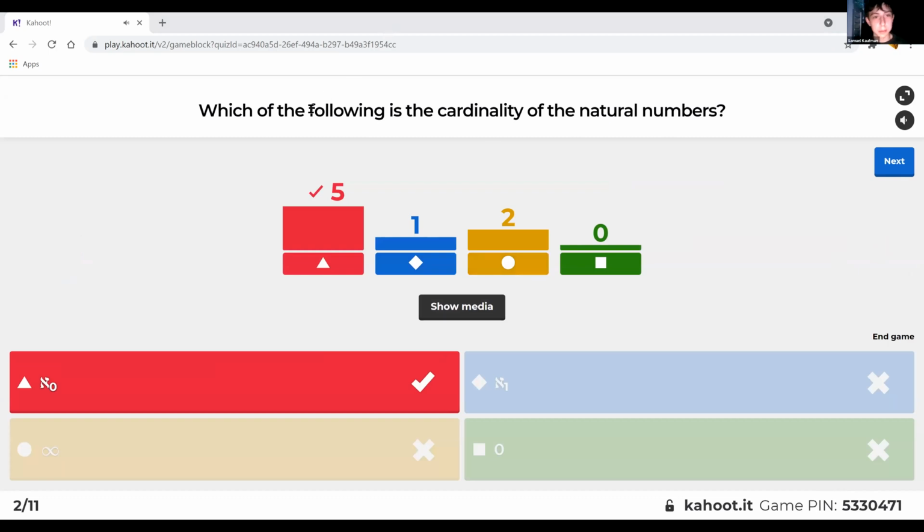Yeah, so which of the following is the cardinality of the natural numbers? That's aleph null, the smallest infinity that you can have. If you put infinity, you're sort of correct in that the natural numbers have infinitely many elements, but in math we write it as aleph null.